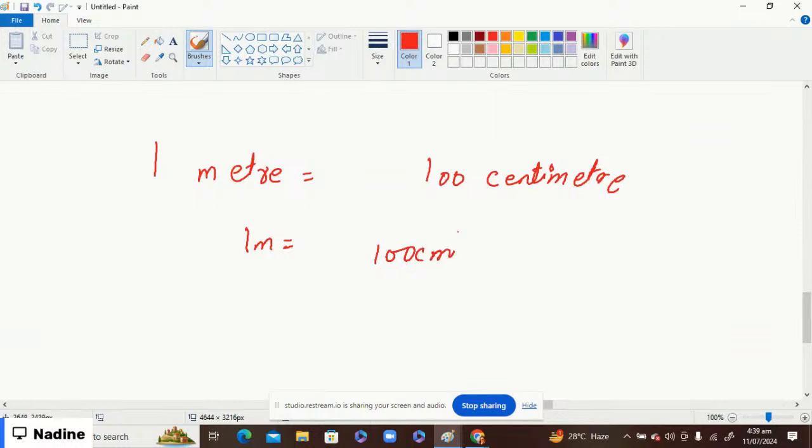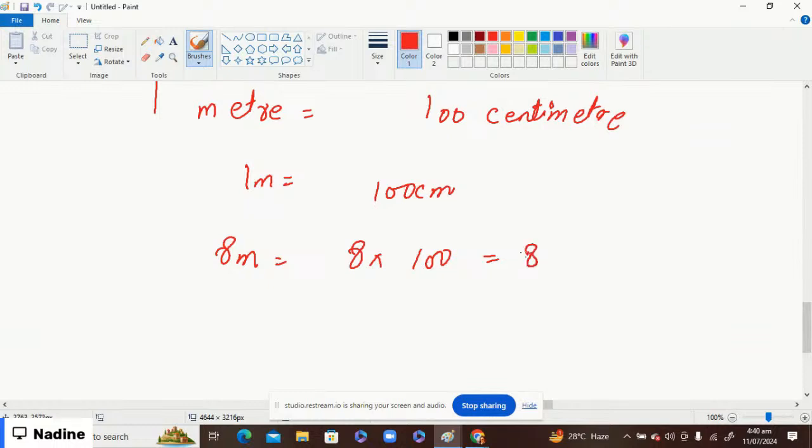For example, if we say 8 meters, convert it into centimeters, simply 8 times 100. You check, and the answer is 800.